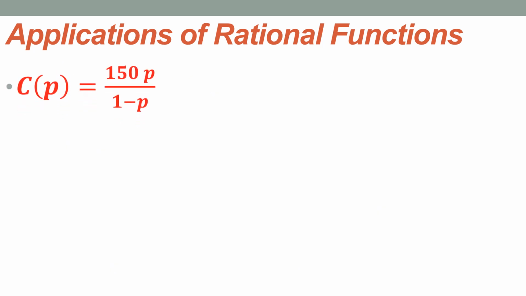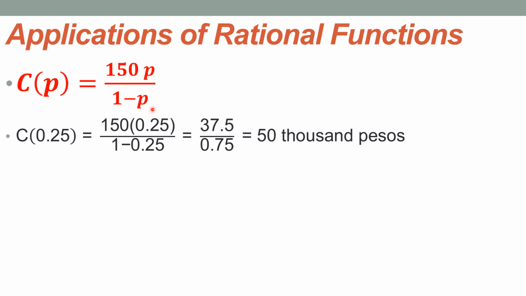Using our model, C of P is equal to 150P over 1 minus P, where C stands for the total cost and P stands for the percentage of the population that will benefit from the trash bins. Since we cannot operate with percentages here, we're going to transform them into decimal form. So 25% will be transformed as 0.25.